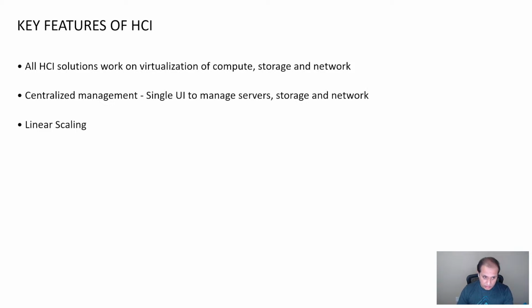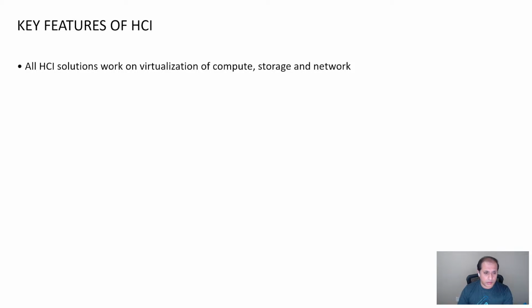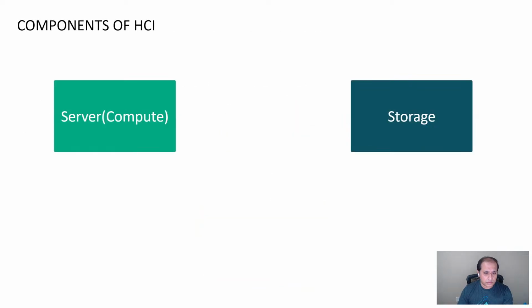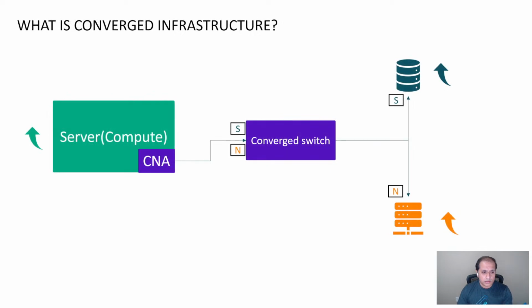It's linearly scaling. Let me go back a couple of slides. In the case of a converged network adapter, let's say you have a data center with this architecture, and you want more servers because you have some computational need or a new application that you want to deploy. When that happens, you add a new server, you have a new CNA that connects to the converged switch, and you have the storage and everything.